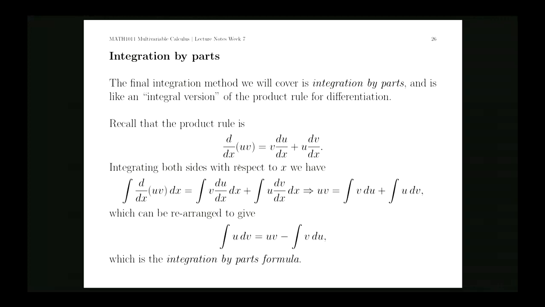Right, now integrate the two things on the right, they're sums, so I'm allowed to do each integral separately. And just like with the chain rule, if I think of the dx's as fractions, that basically simplifies out to uv equals the integral of v du plus the integral of u dv, right?